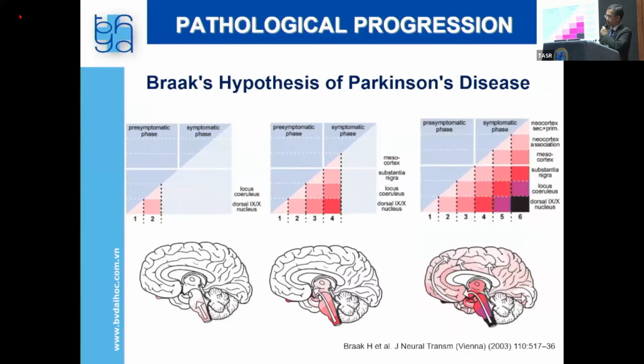And in stage 5 and stage 6, you can see the pathology affects the neocortex. So some symptoms such as dementia and postural instability appear. So those are the symptoms resistant to levodopa.